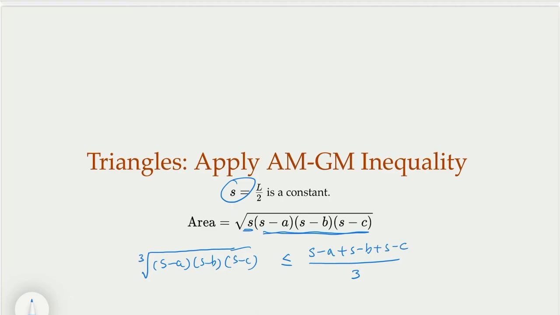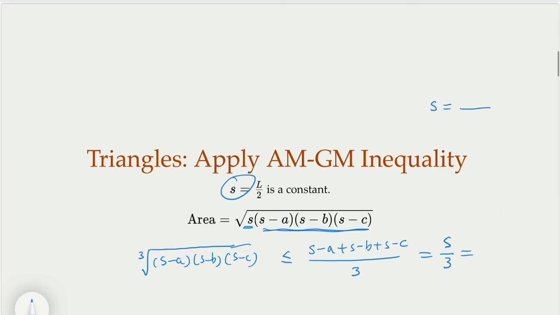Here, notice that A plus B plus C equals L, and L is 2S. So 3S minus 2S is S. But S is half of L, so I have L over 6.